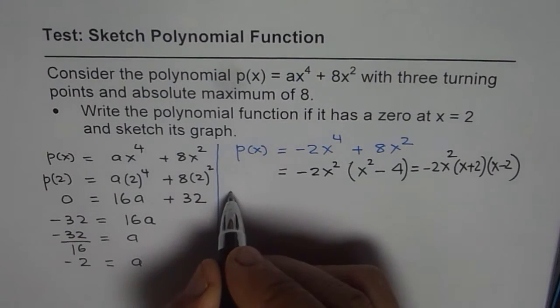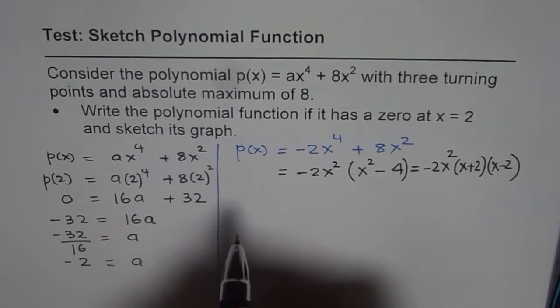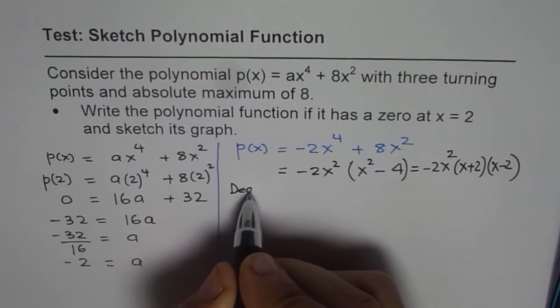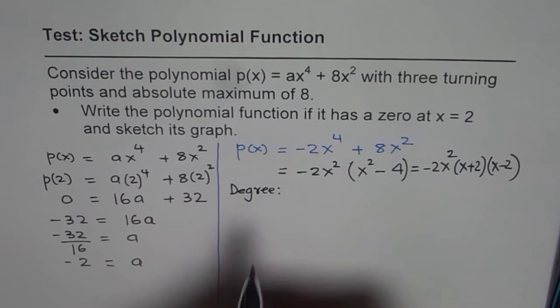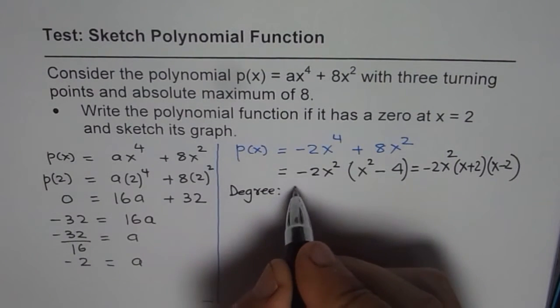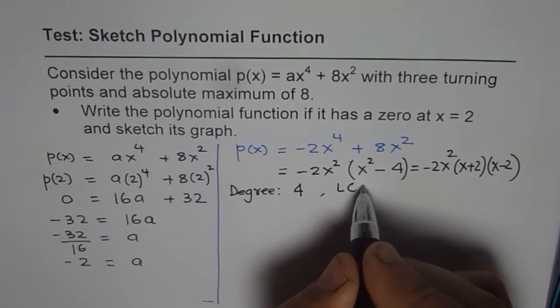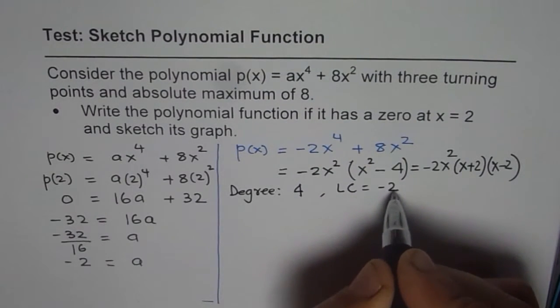Now let's analyze our polynomial. So first part is degree. Now what is the degree of your polynomial? Degree of the polynomial is 4. Now leading coefficient. Leading coefficient is minus 2.